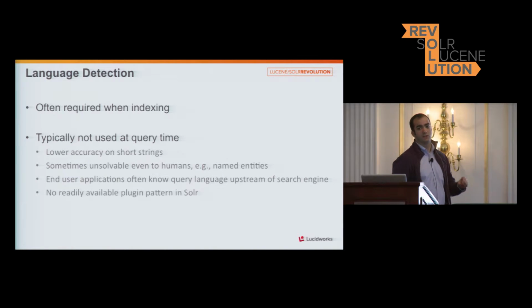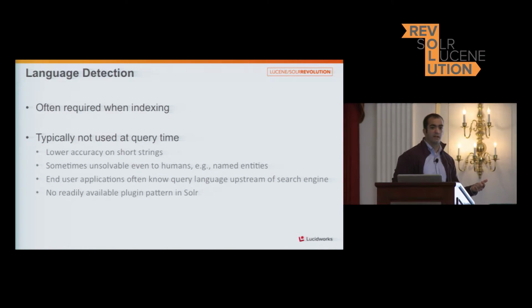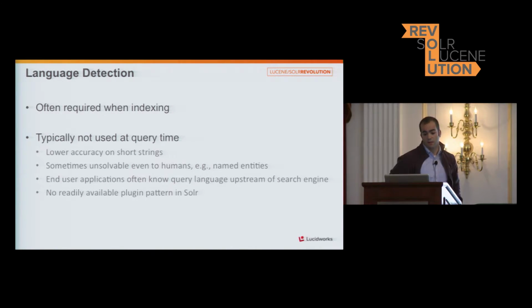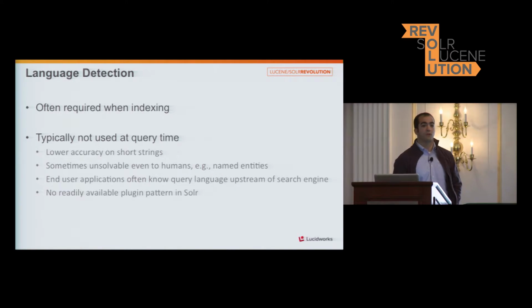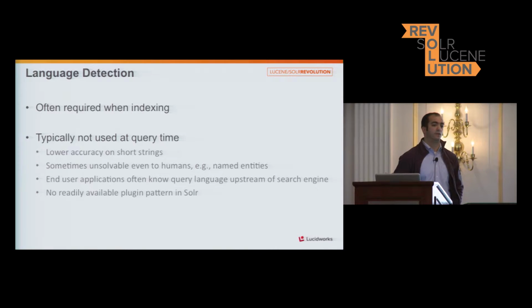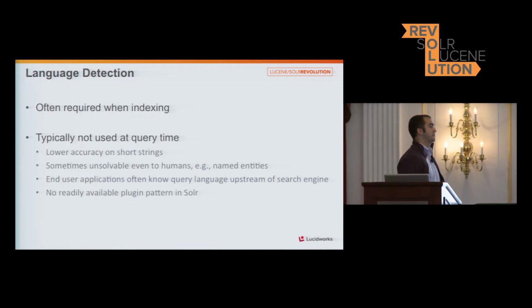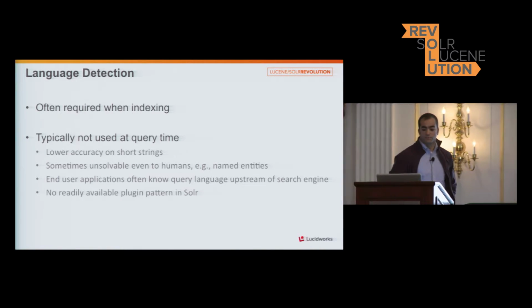So named entities are particularly problematic and often appear in query strings. People search for things very often. Third bullet I mentioned is that your end user app may already know it. NLP is great, but you have to admit that it can be wrong sometimes and there's a performance cost. Why do it if you don't have to?